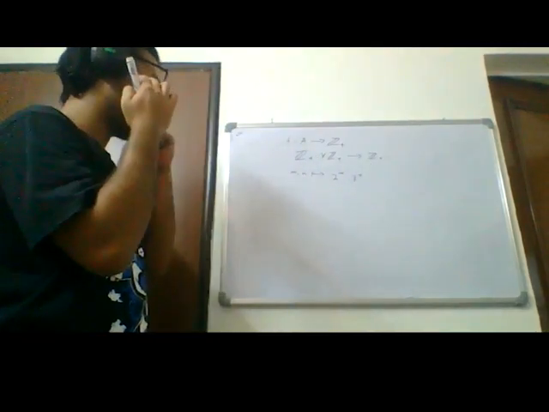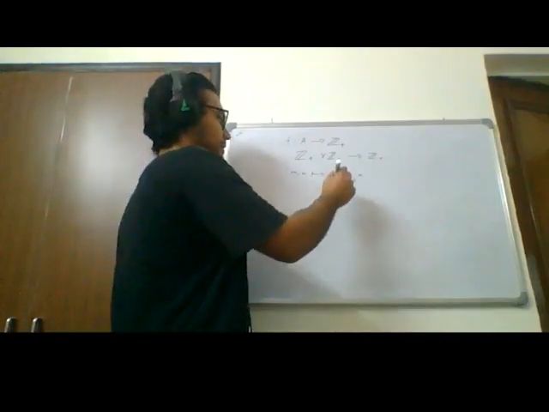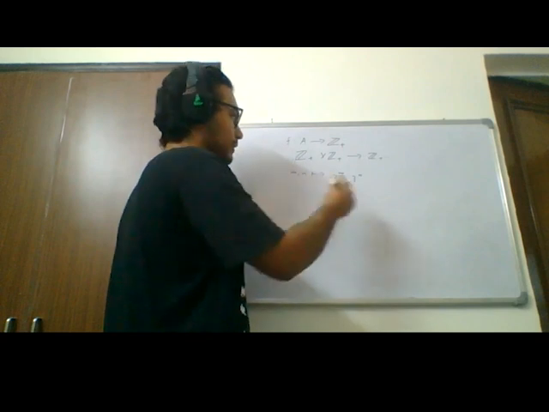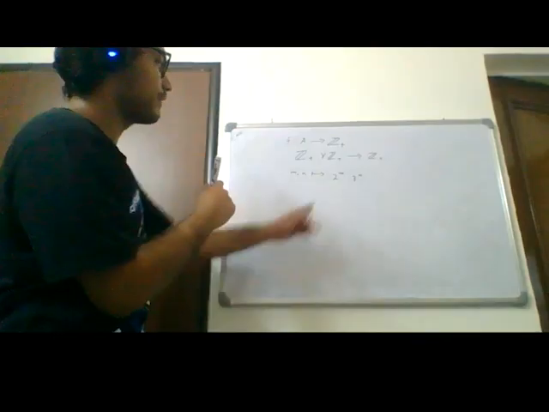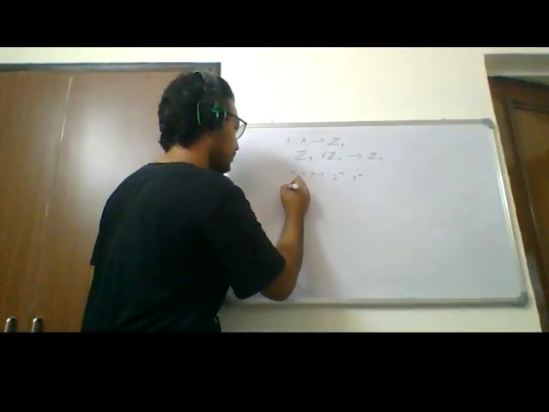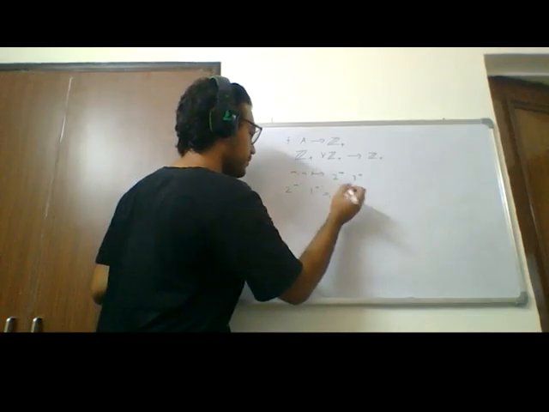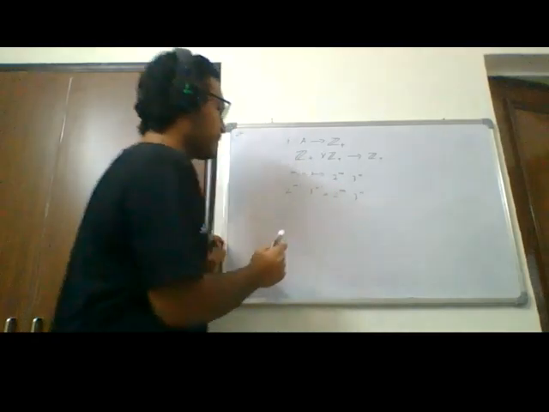How do you show it's an injective function? That really matters. Suppose 2 to the power m prime times 3 to the power n prime is equal to 2 to the power m times 3 to the power n.